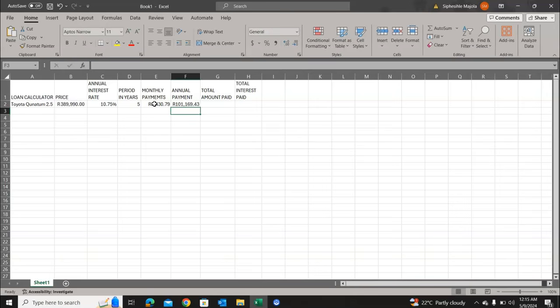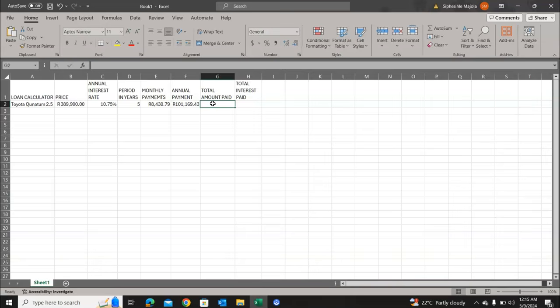So in a year we are paying 101,169 rand and 43 cents. Right. So this is annual. It should say each year is 101,169 rand 43 cents.